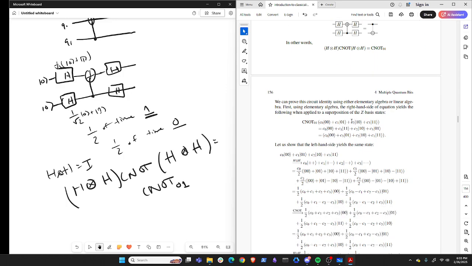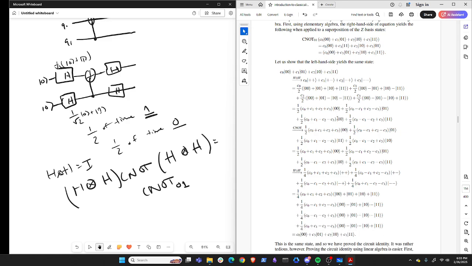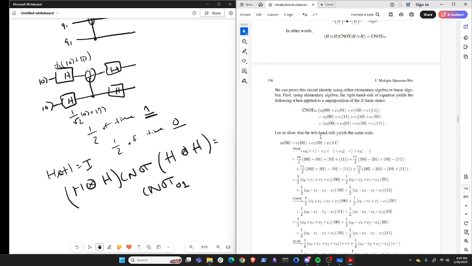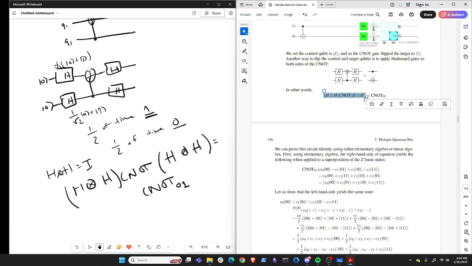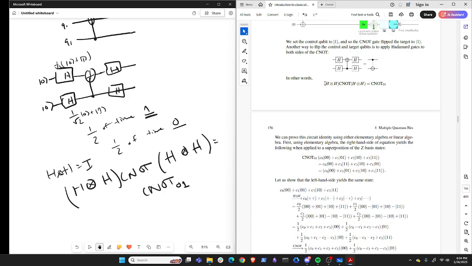We can go into this incredibly long longhand proof of this circuit identity, but I would just write this down on the note sheet. I don't think they would ask us to prove it. I just think knowing this might give you a quick answer.